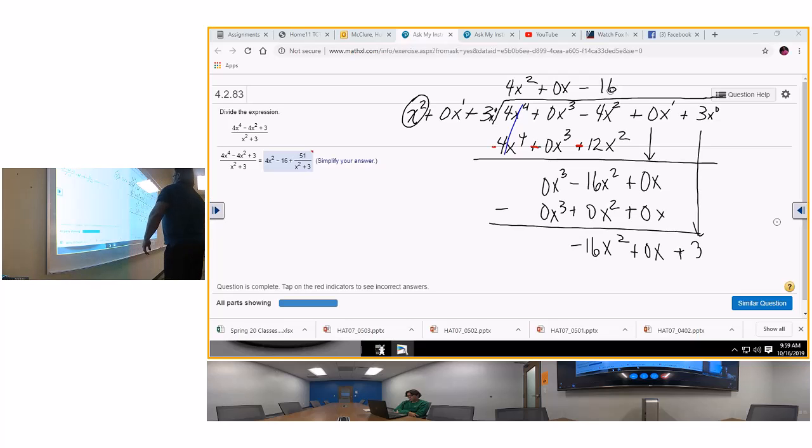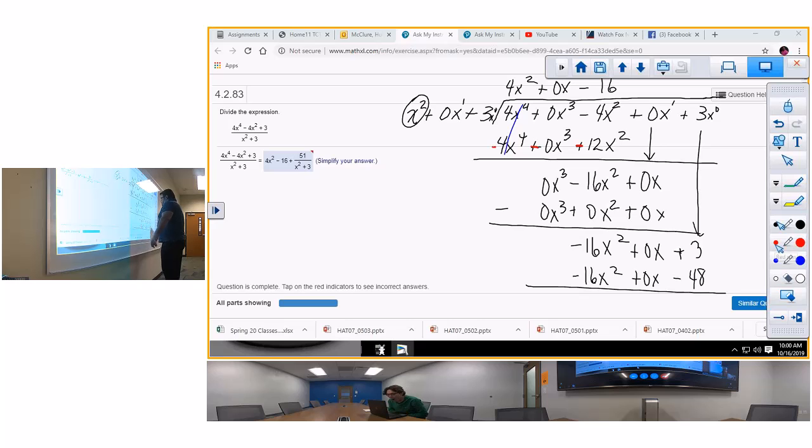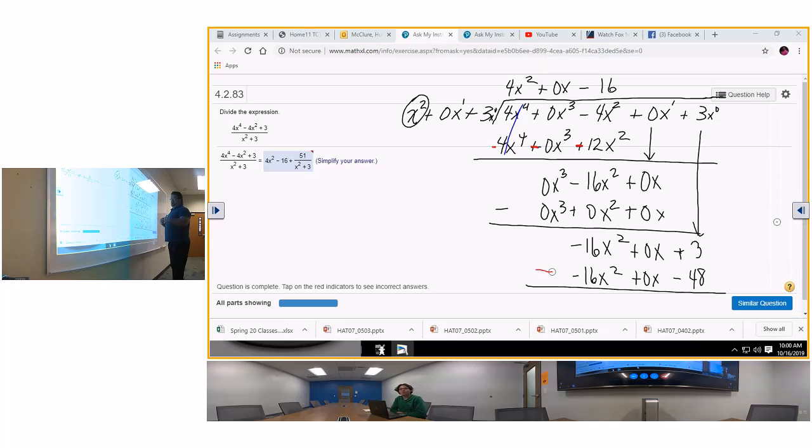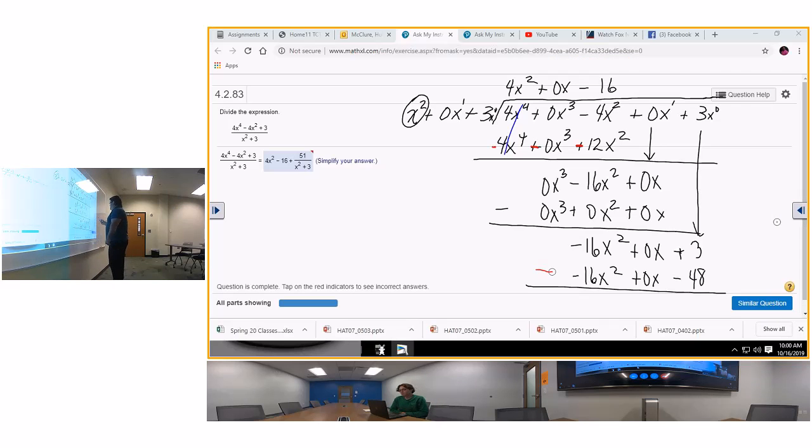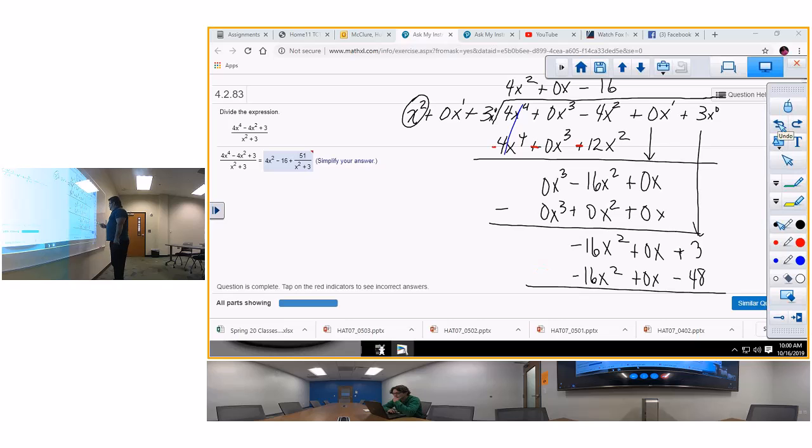Negative 16 times. That's negative 16x squared. Negative 16 times 3 would be negative what? 48? We always subtract, which will either put a big negative out here like that, if you want to do it that way, or it will make 3 little ones if you distribute.